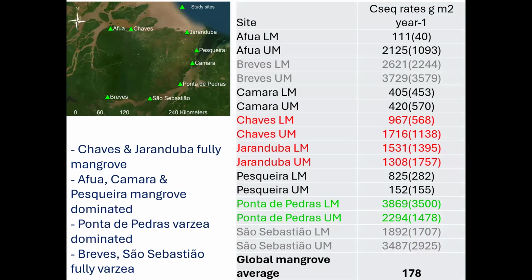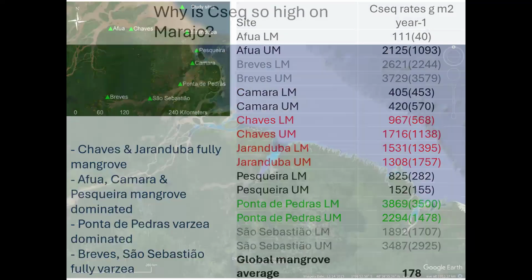Although even those in the fully mangrove area would still have pretty high rates of carbon sequestration compared to global averages, which obviously, from the perspective of global averages, leaving out sites in South America will have an impact on those global mangrove average calculations.